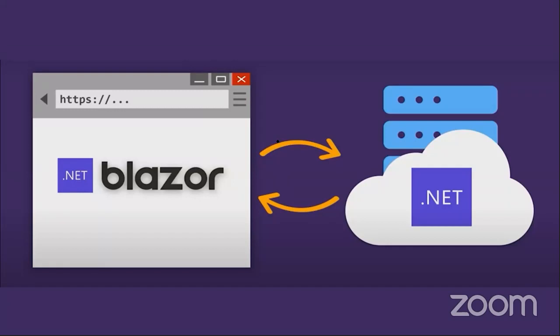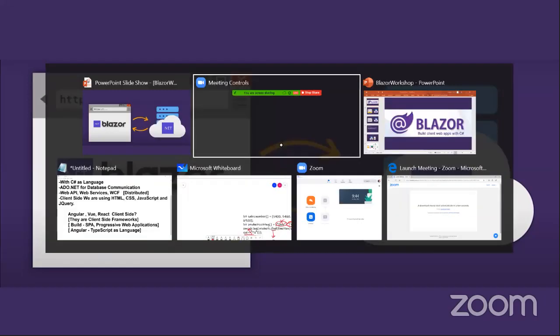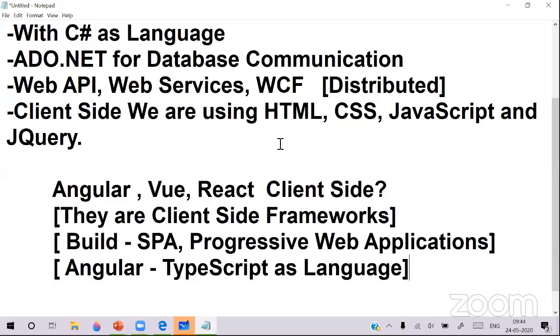Then you are not much worried now about Angular, React, or Vue in future. Now you can just deal with what they deal in general by using Blazor itself. What is the concept of Blazor? What is its intention actually?